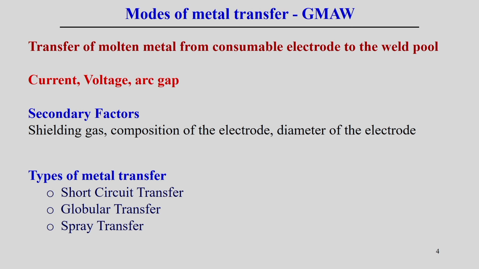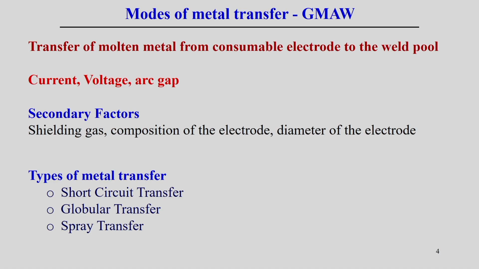Sometimes the composition of the shielding gas matters, as two different shielding gases can be mixed in different ratios and have some impact on metal transfer. Composition of the electrode is also a secondary factor: what material of electrode we are using and what the size of the electrode is. We can consider these secondary parameters, apart from the primary ones: current, voltage and arc gap.